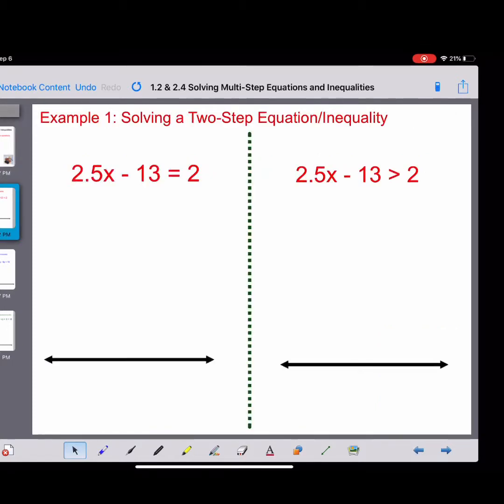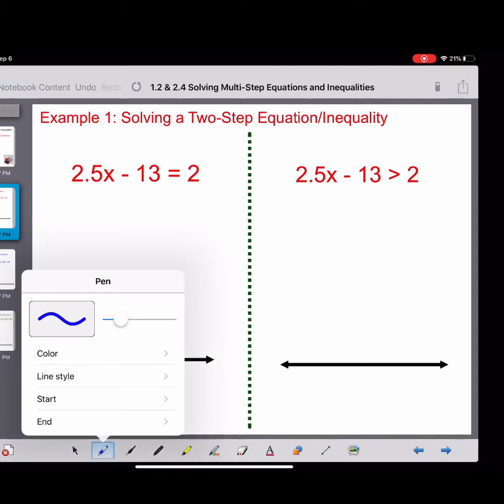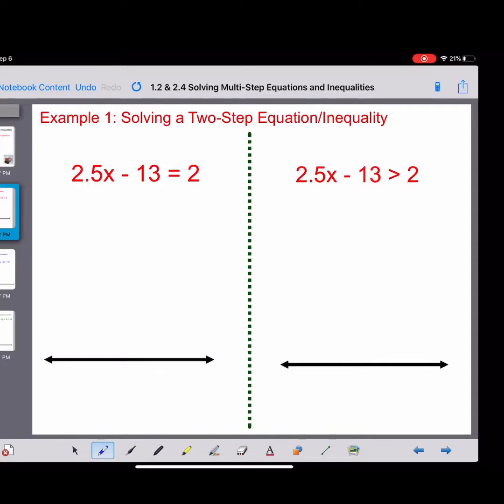So example one, we're going to solve this using two steps. The process is the same whether you are solving for an equation or an inequality. All right, so our goal is to isolate the variable of x. In order to do so, we need to use inverse operations.